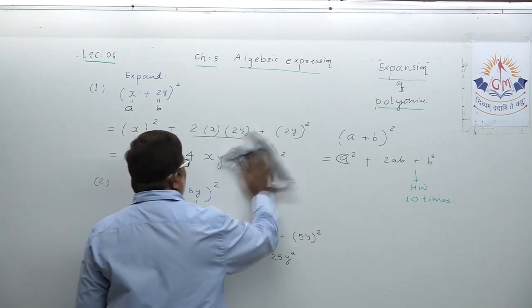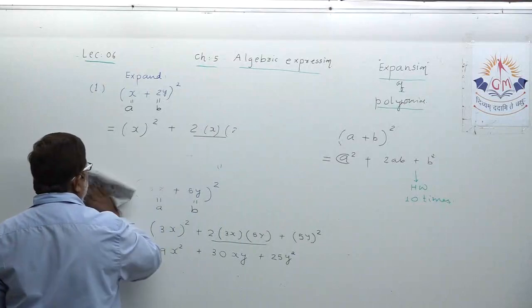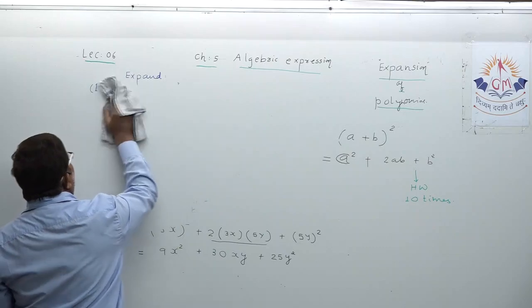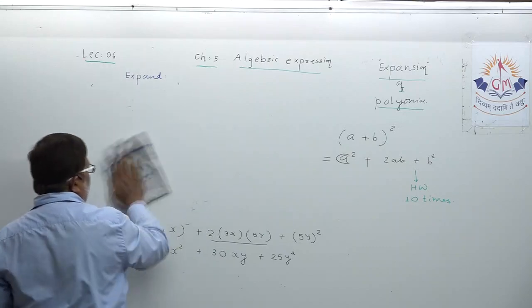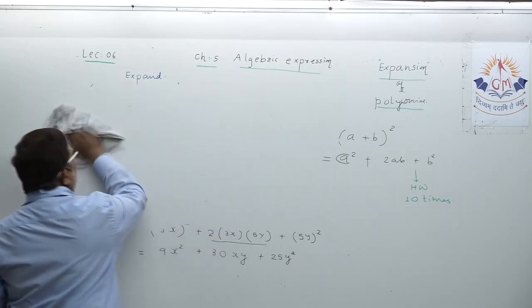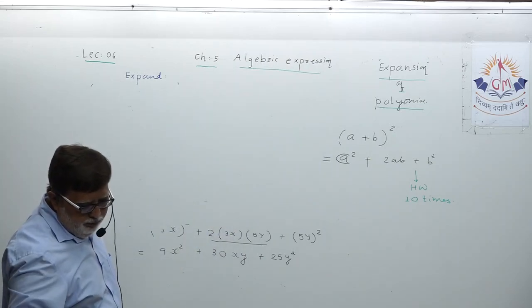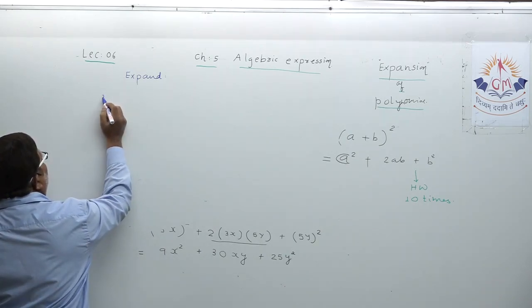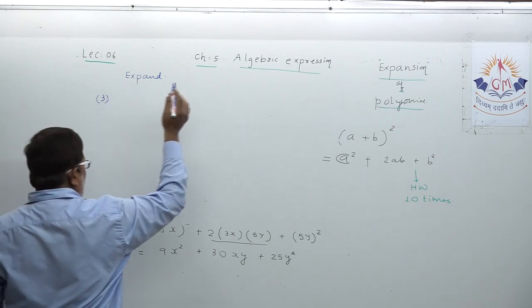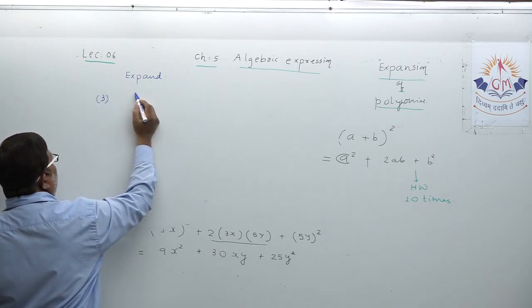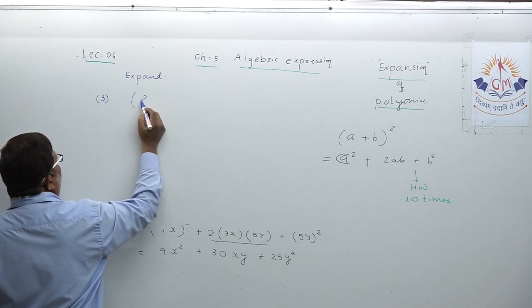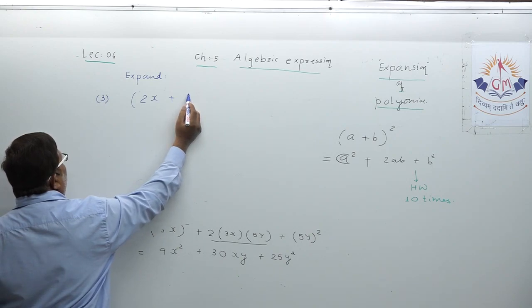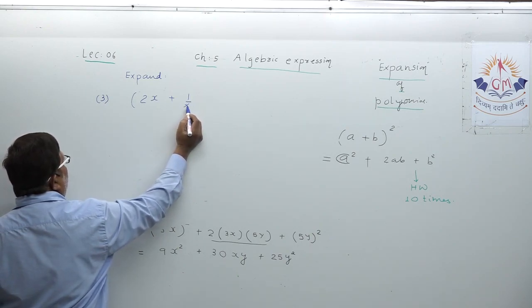Let us take some more examples. Suppose example number 3, okay? Suppose the sum is given like this: 2x plus 1 upon x whole square.